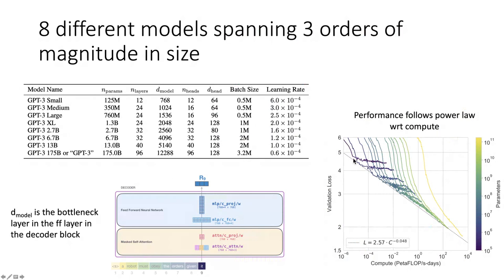If you look at the point at which validation loss plateaus for a variety of model sizes, and you plot those, you realize that the validation loss, or the performance of the model, actually scales like a power law with respect to compute. So again, this is an indication that scaling up just works, basically. That's pretty interesting.